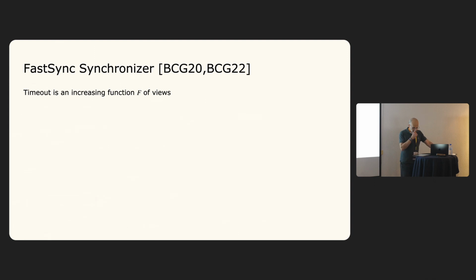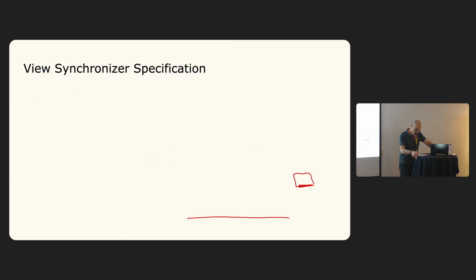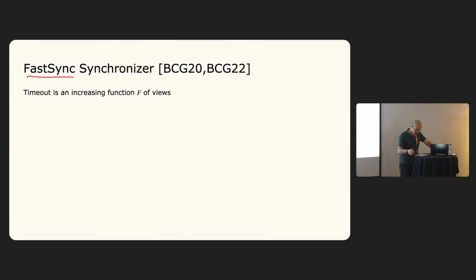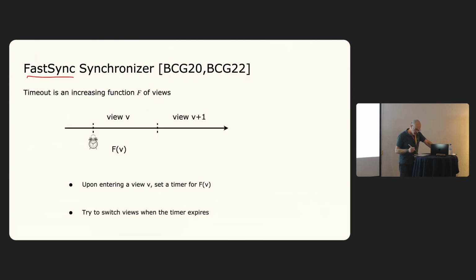Right. So now I'm going to describe a synchronizer which is called FastSync, which meets all these properties that I presented before. I'm not going to show you the code. It's a bit complex, but we will discuss the main ideas.